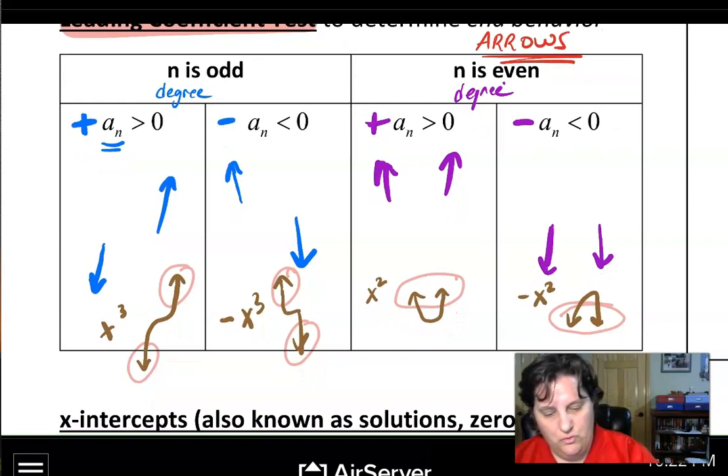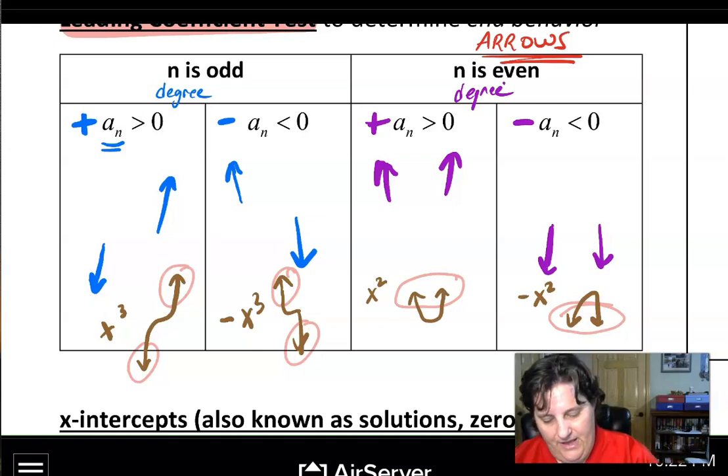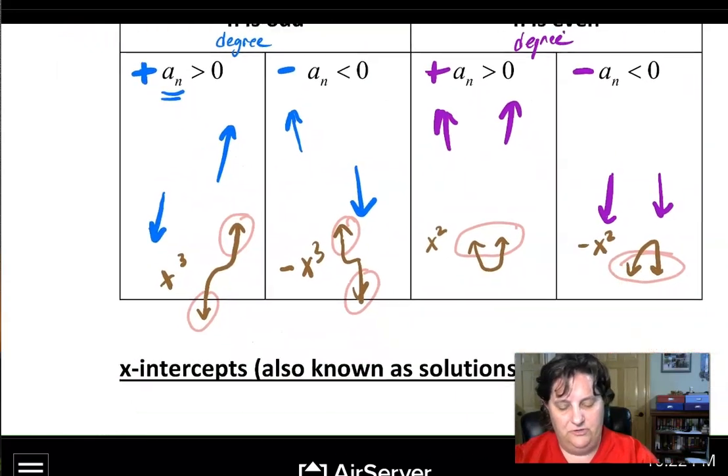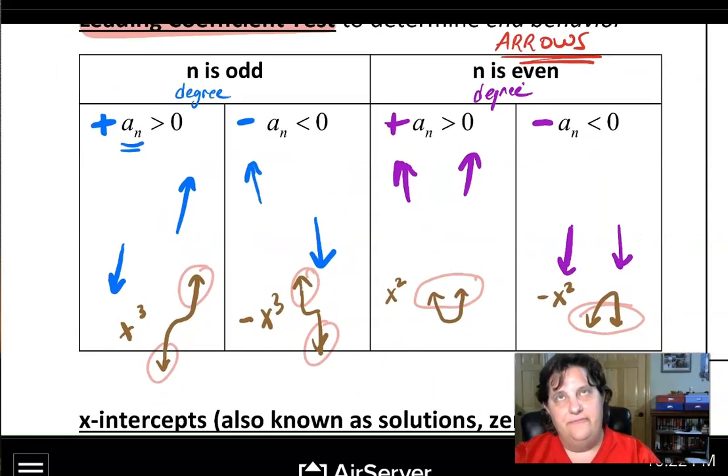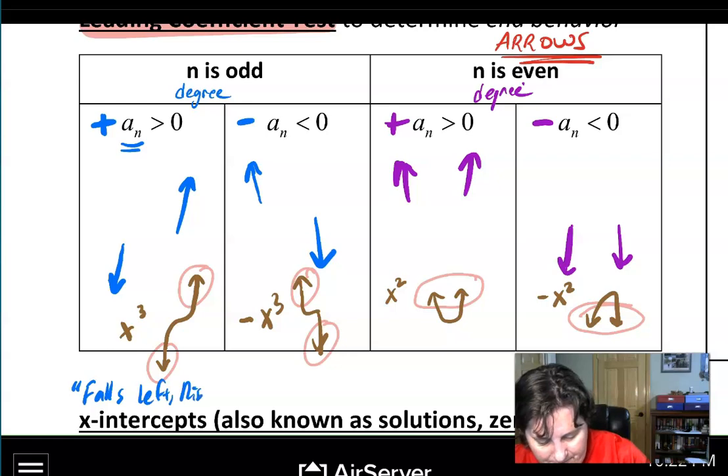Now, if I say, what's the leading coefficient test, and I want to state what it is, you can either draw the arrows, or you can say down, up, up, down, up, down, down. You can do that. Or, these are the words they use in your book, which we're not even using really: falls left, rises right.